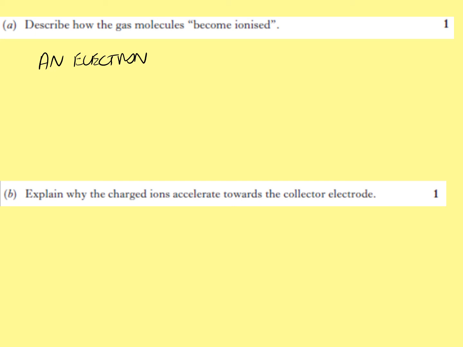In this case, an electron is removed by the electrode. We know electrons are being removed because we are creating positive ions, and positive ions are only formed if an electron is removed. We are then asked to explain why the charged ions accelerate towards the collector electrode.